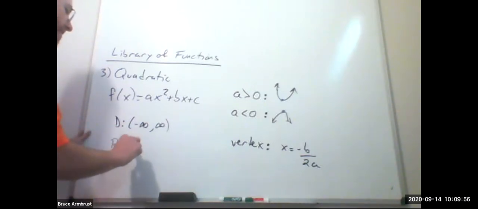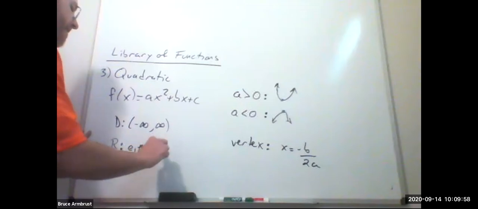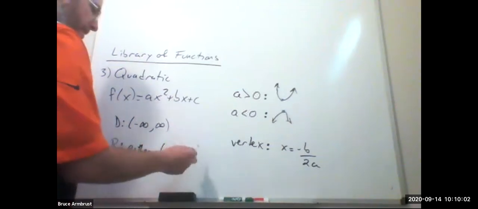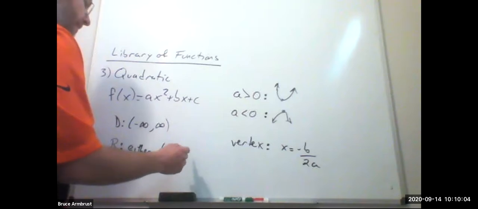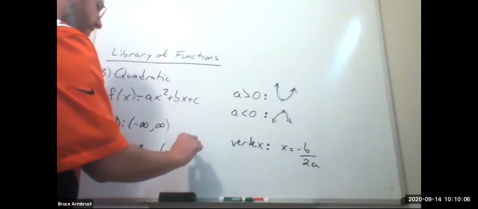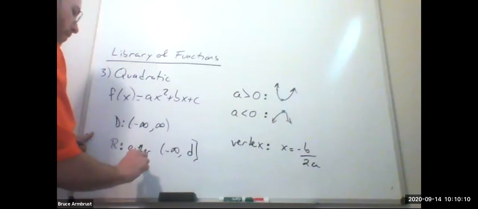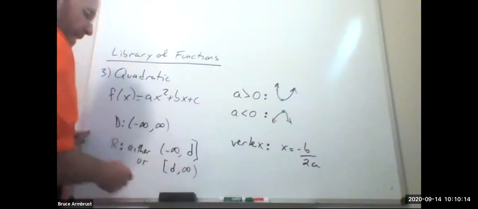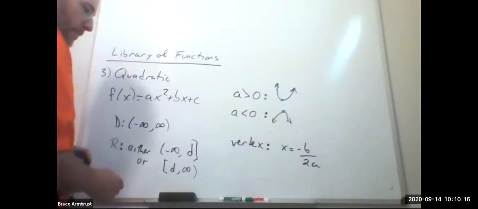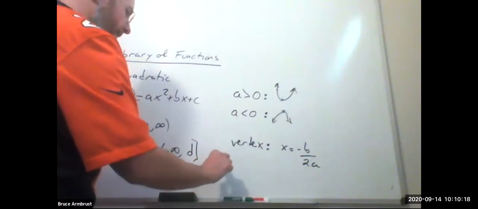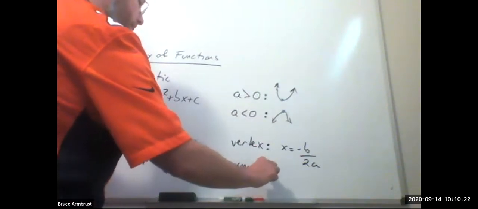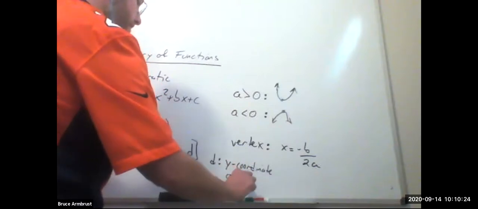It's either negative infinity to, let me use a different number, we'll call it D, or D to infinity, where D is the y coordinate of the vertex.